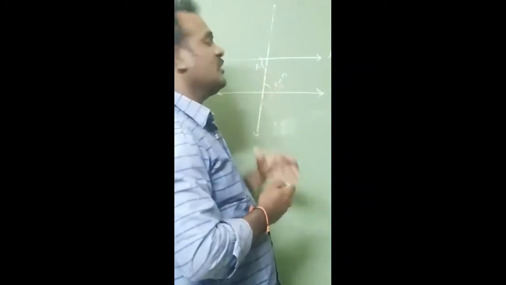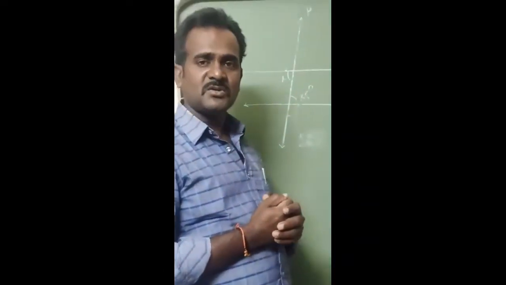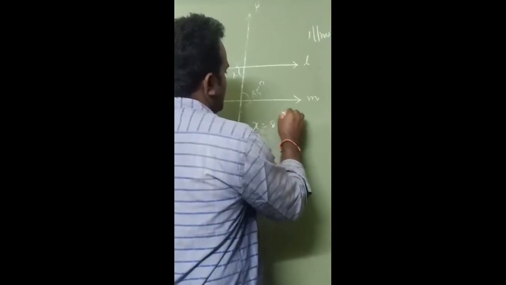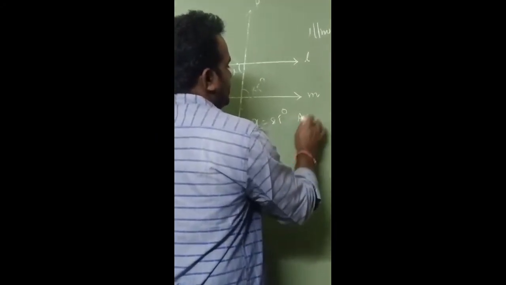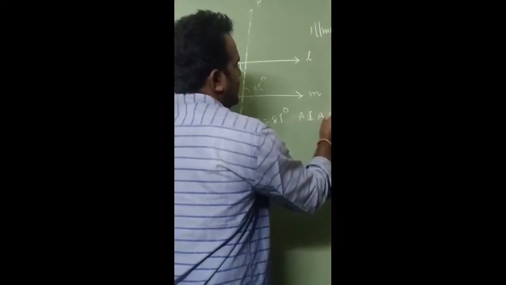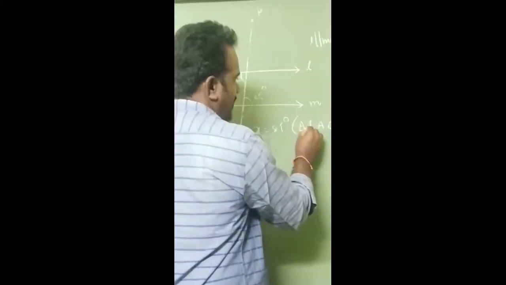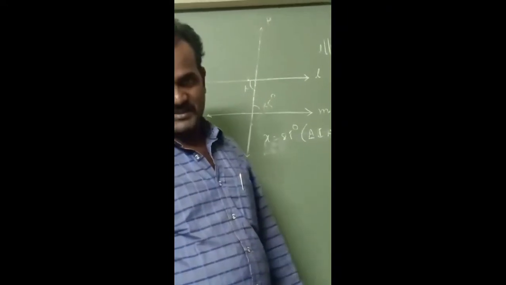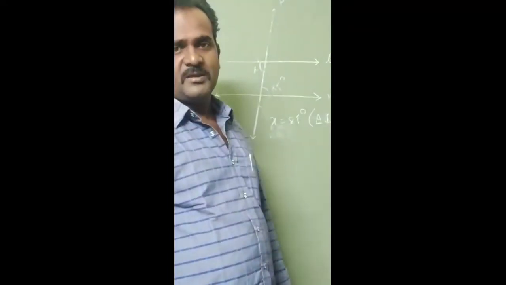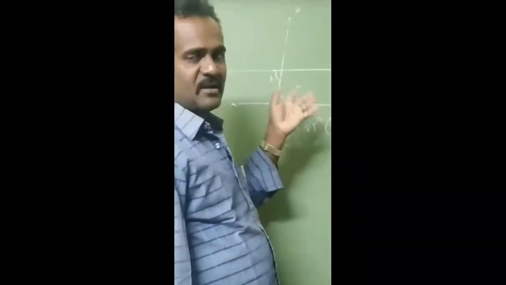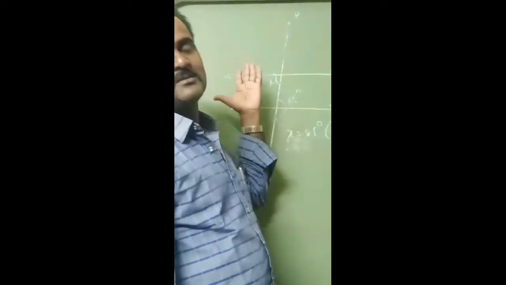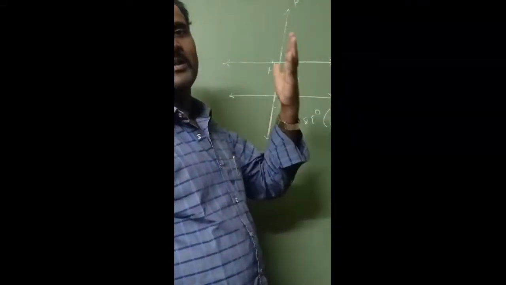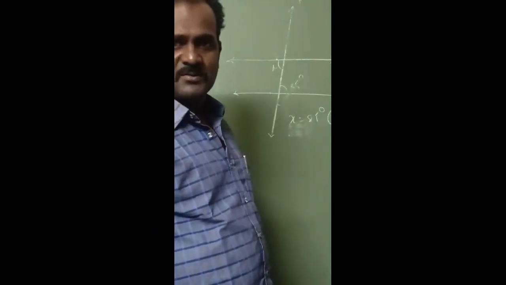X is equal to 85 degrees. Alternate interior angles are equal, on either side of the transversal. Before, we had corresponding angles, where one is exterior, one is interior.